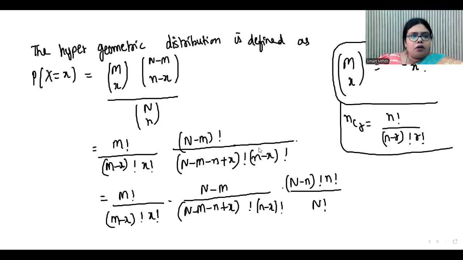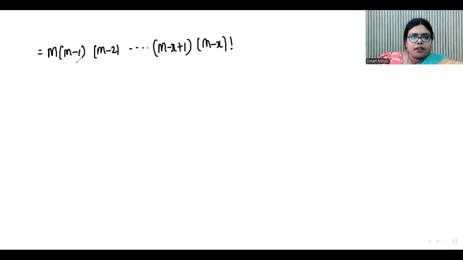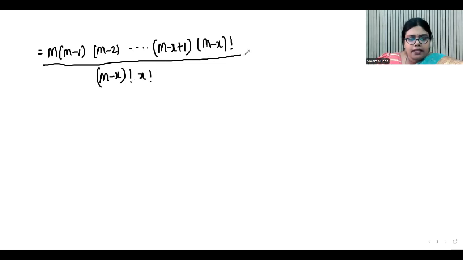So now you see how we are separating it. M factorial, we can write it as M into (M minus 1) into (M minus 2) into so on up to (M minus x plus 1) into (M minus x) factorial by, now (M minus x) factorial into x factorial we are writing as it is. Now coming to the second term, (N minus M) factorial, how can we write?